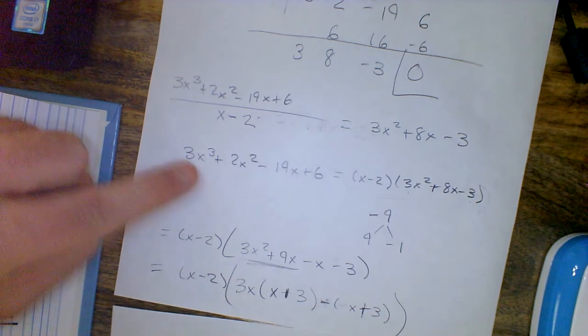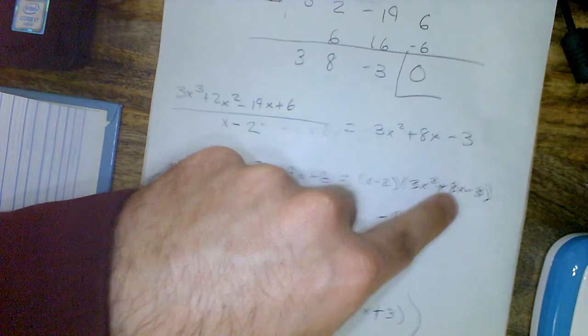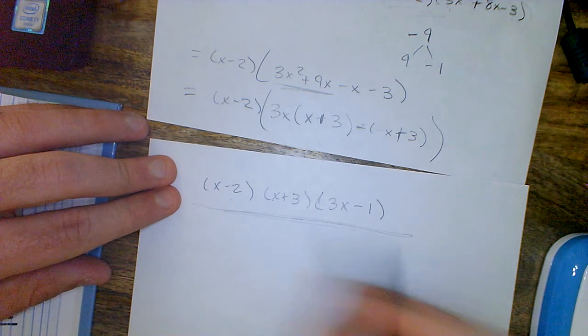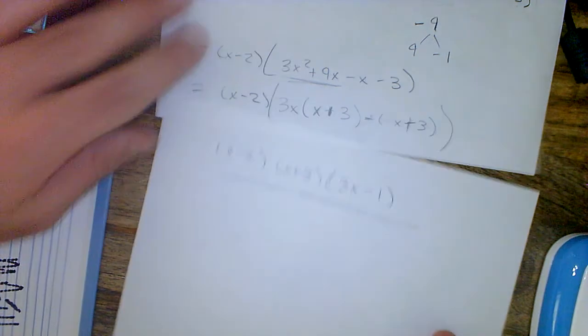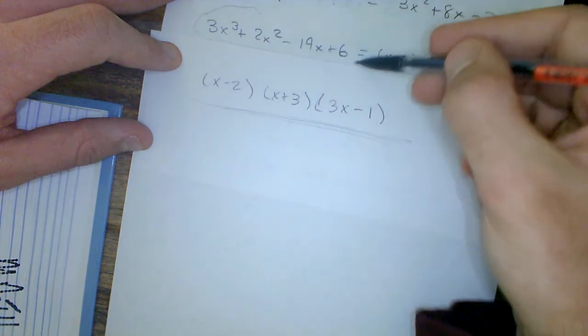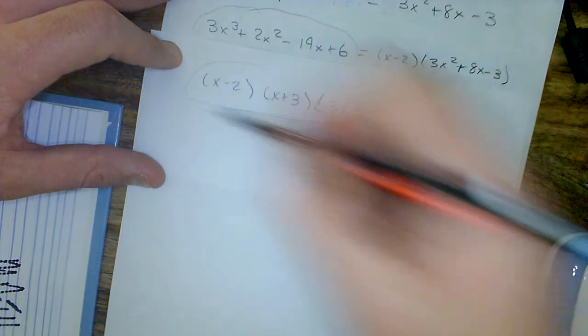Okay, so we started with this here and divided it by x minus 2 to get this quotient, and then we factor this quotient. So we factor that beginning polynomial all the way. So now we know that this expression in its factored form is this.